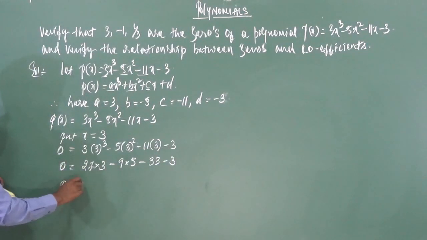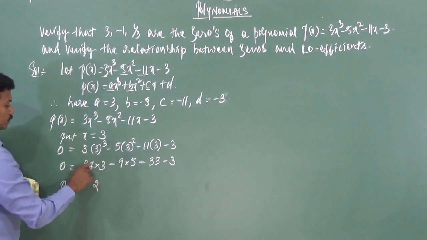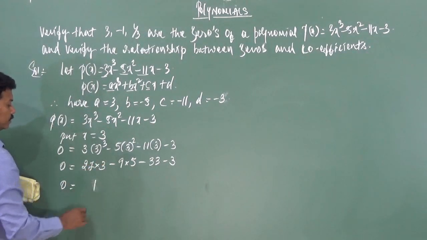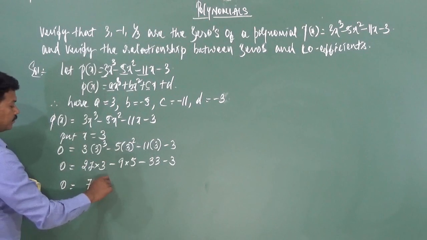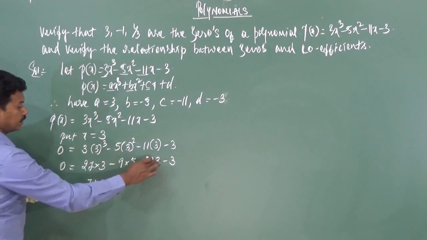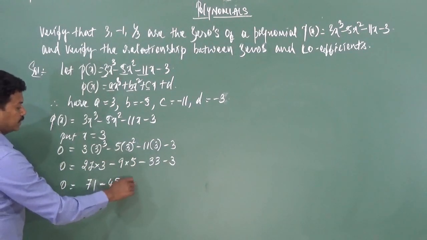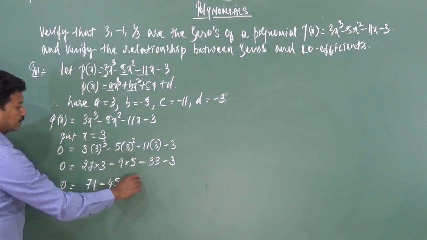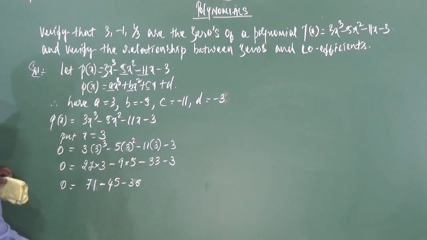So 0 is equal to 81 minus 45 minus 33 minus 3, it is minus 36.